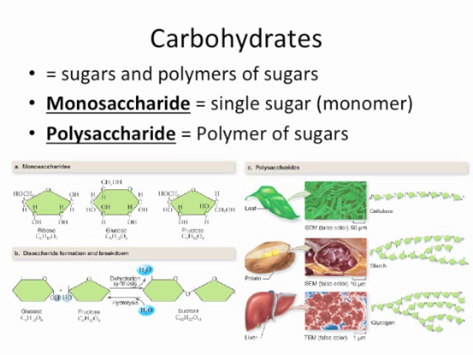Each of these classes of biomolecules has its own name for its monomer and for its polymer form. In carbohydrates, the monomer form is a monosaccharide, for single sugar, and the polymer form is a polysaccharide. There are other terms you may have seen in your book.